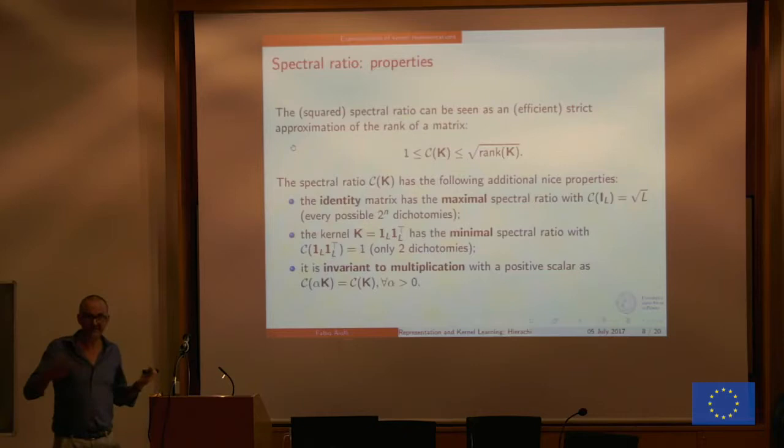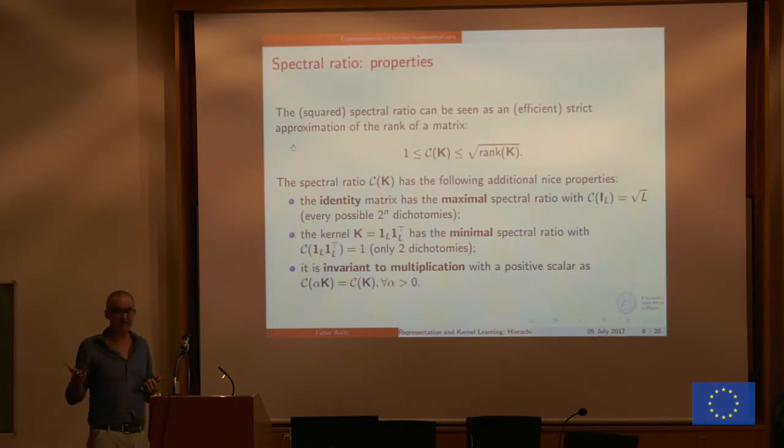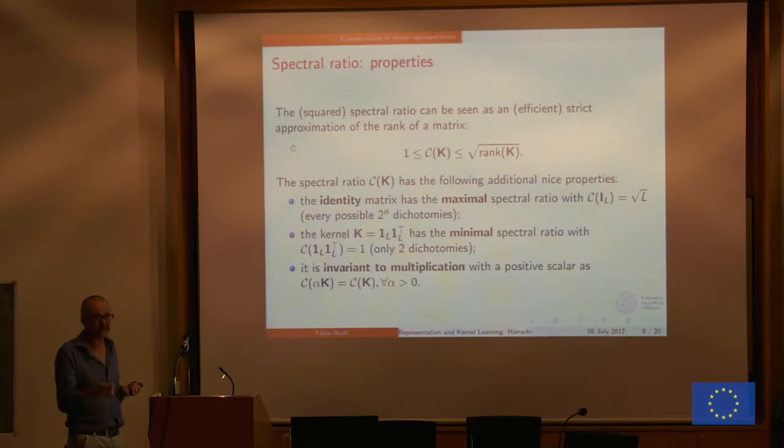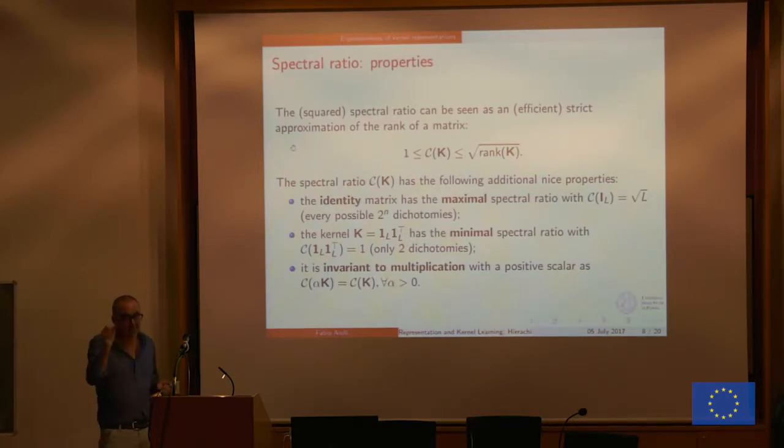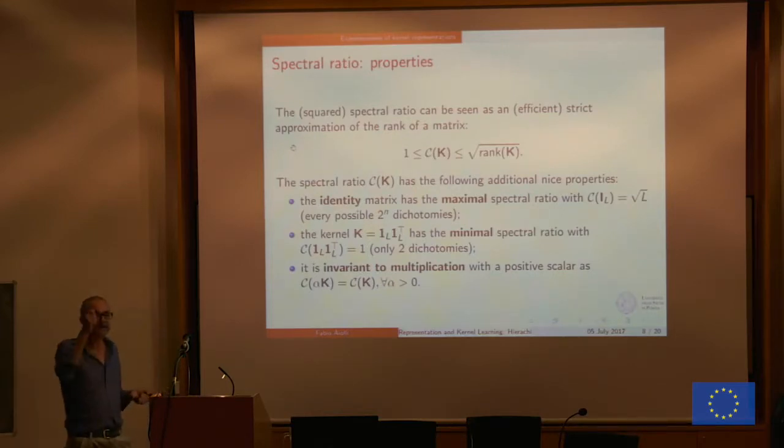In particular, if you take the identity matrix, which is the most complex and most expressive kernel matrix, because basically the identity matrix always says everything is different from everything else. It's only similar to itself.